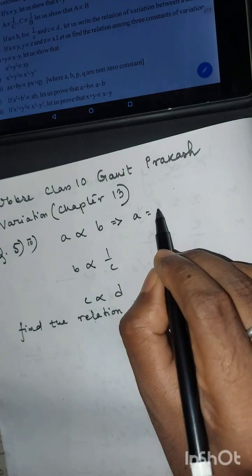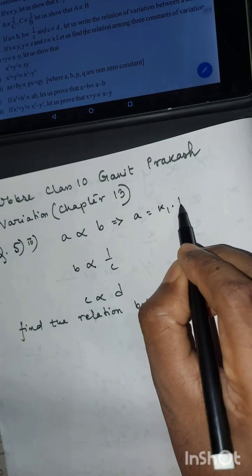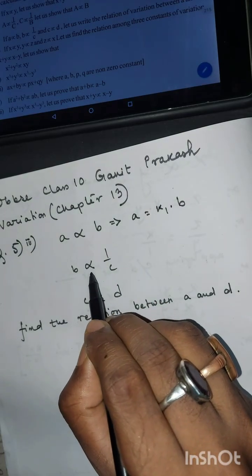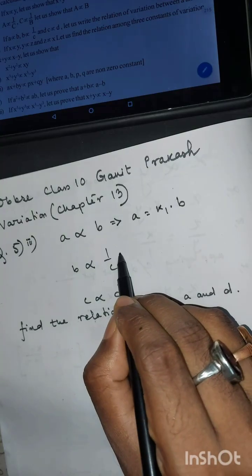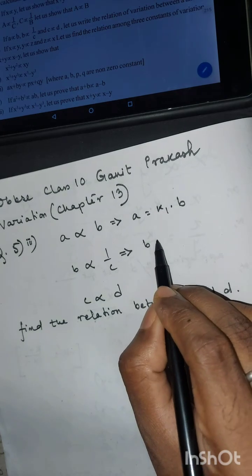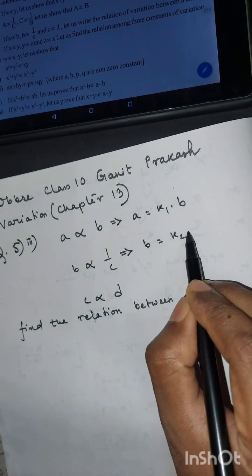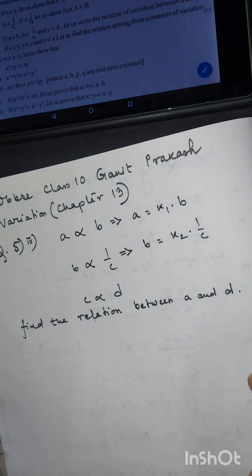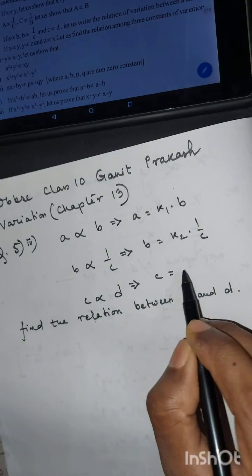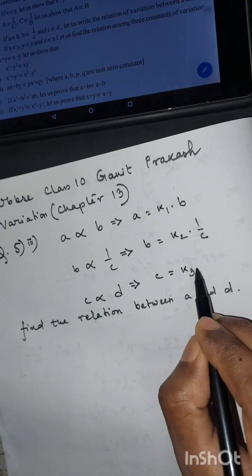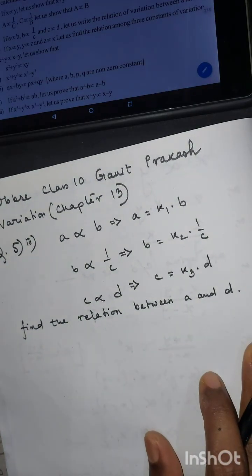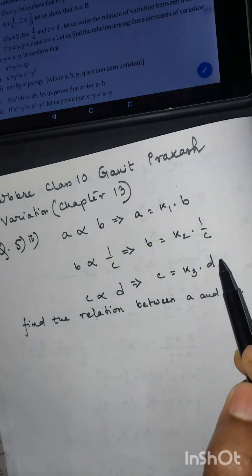A equal to a constant into B. If we remove the varies as sign from this relation, it is also converted to an equation, which is B equal to K2 into 1 by C. Similarly, C equal to K3 into D. So we have written all the possible equations.